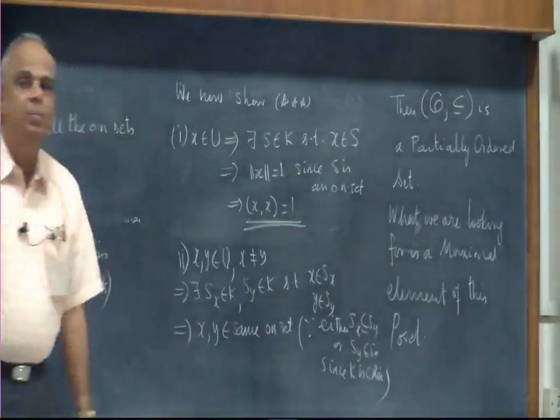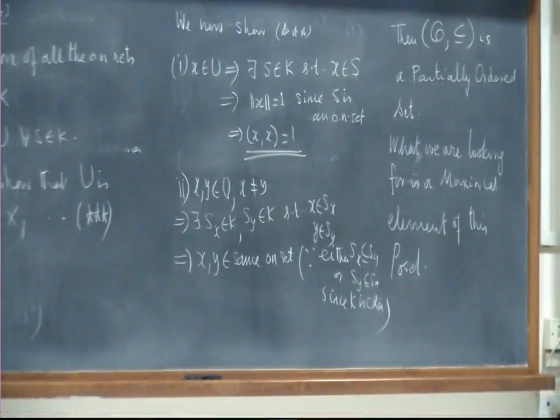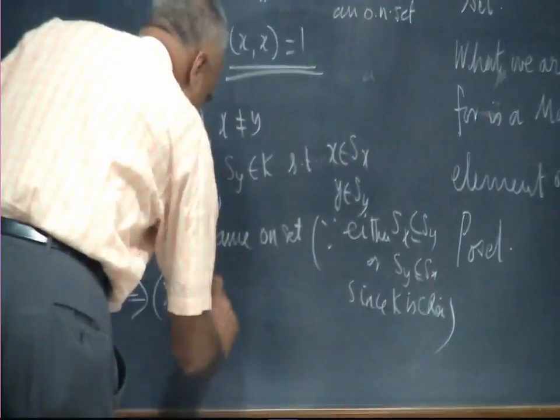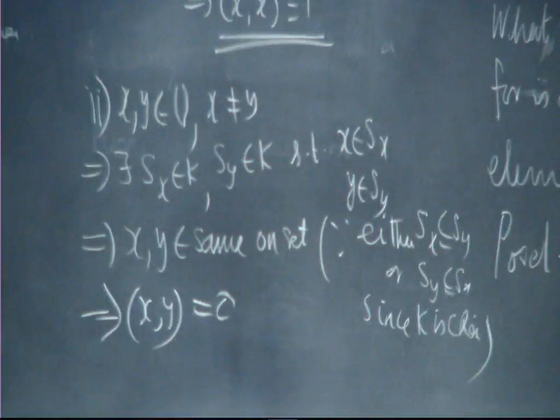Then we are done, because they belong to an orthonormal set, (x, y) must be equal to 0. Because they are different vectors in an orthonormal set, the two must be orthogonal to each other. So, that is the complete proof.